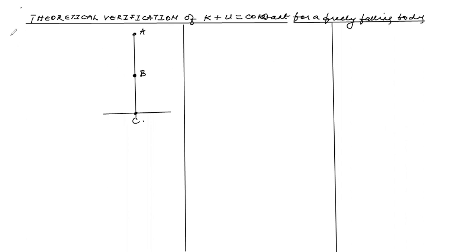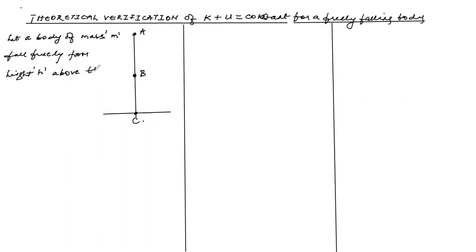So I'll say, let a body of mass m fall freely from a height h above the ground, from position A. Okay, so this is the body here, beta.